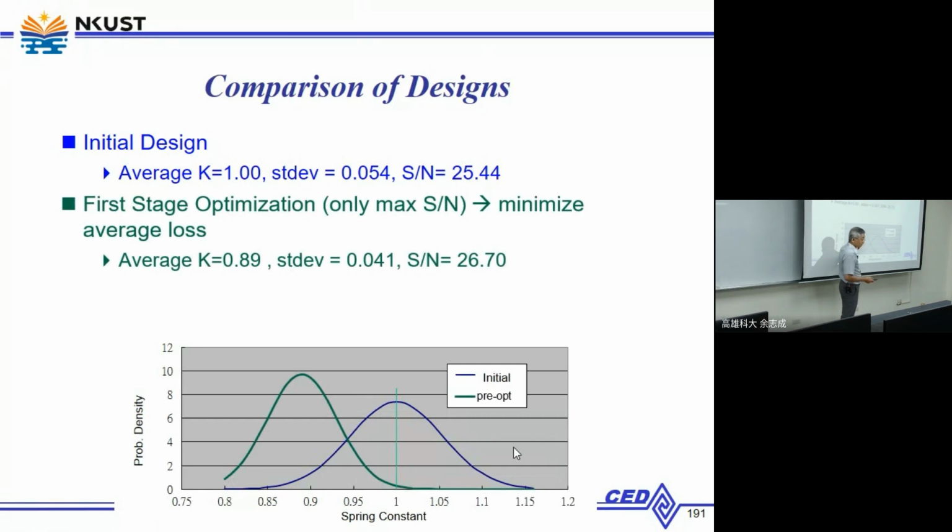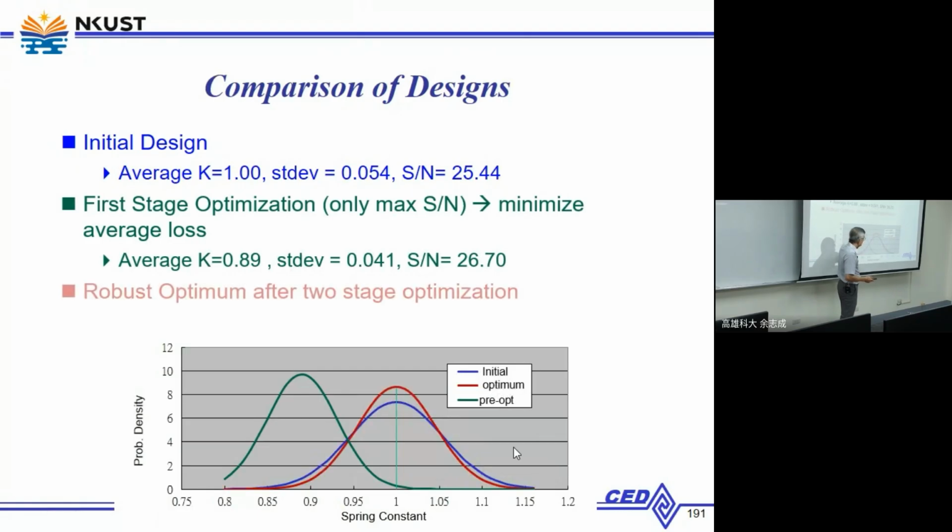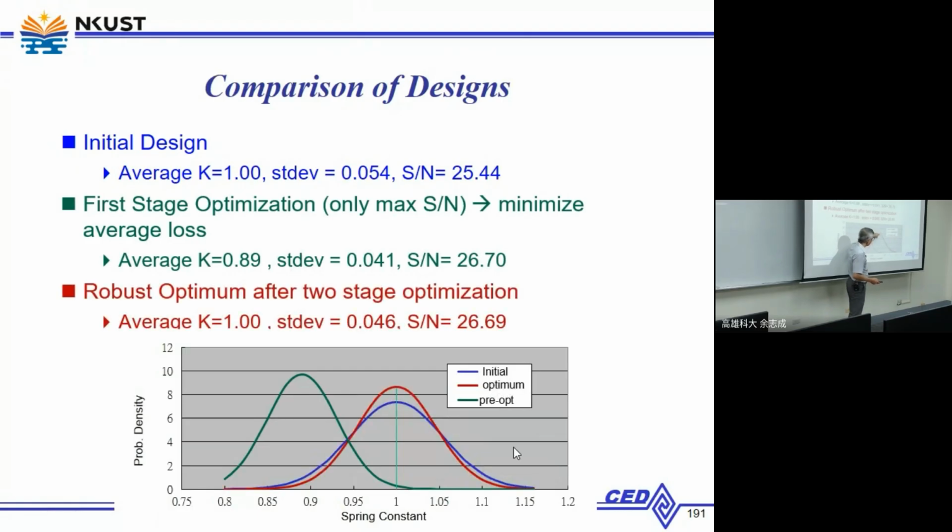This is pre-optimum, the first stage optimization, but the only purpose is to compare these two. So you can just draw these two. If you already drew 3 curves, that's fine. But at least you need to draw these 2 curves to show that this is the initial, and this is the optimum after 2-stage optimization. Average, the same, but the standard deviation is smaller, which means that the conformance is better. That will be the end of homework number 4.